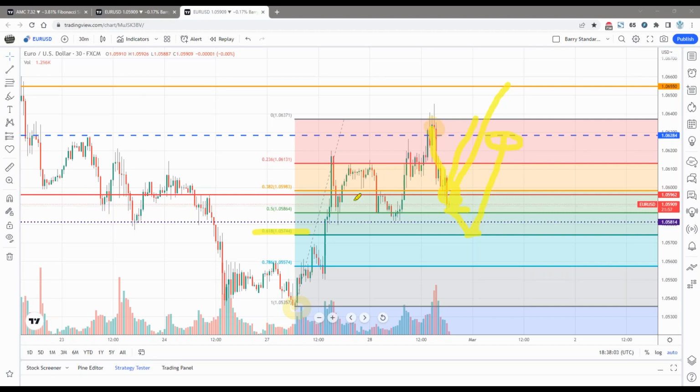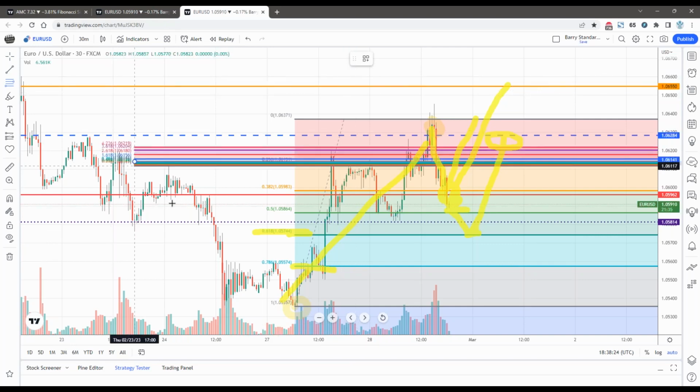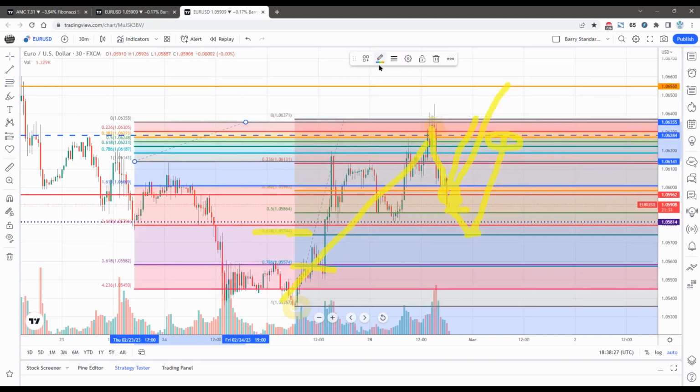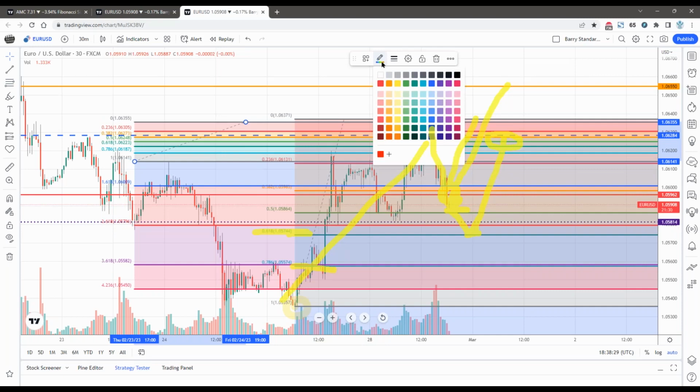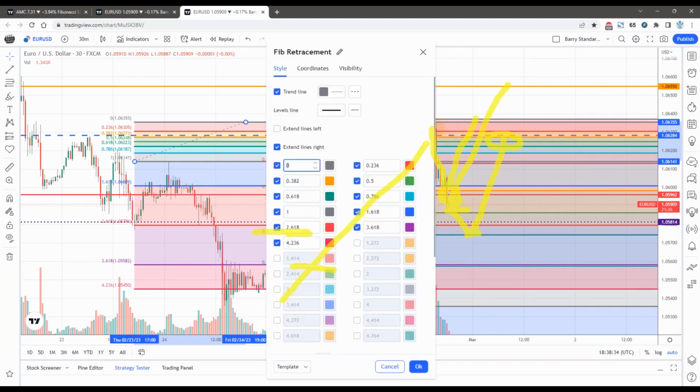So now we've learned how to put the Fibonacci's on our charts. We've learned how to read the price levels. We've learned how to set them up. Again, you can have them not so overbearing. I've set them automatically if you use a Fibonacci. You have the ability to set it in the rainbow. I happen to like the rainbows. You have the ability to set it with no background colors and just have lines.